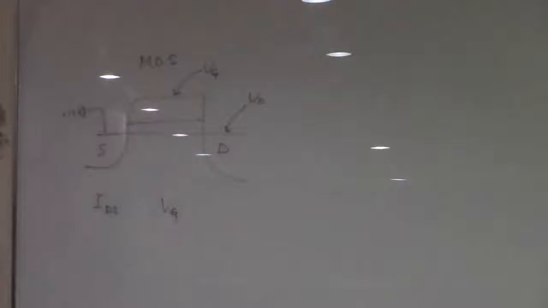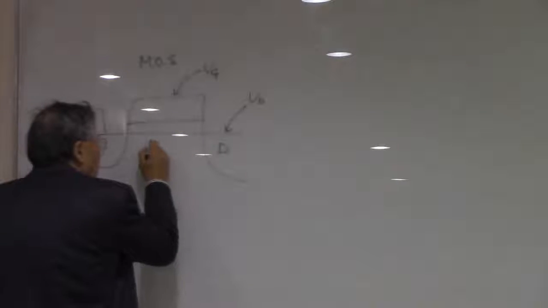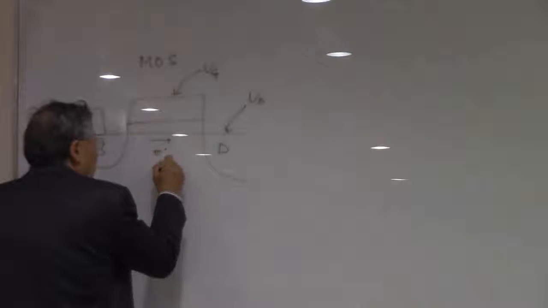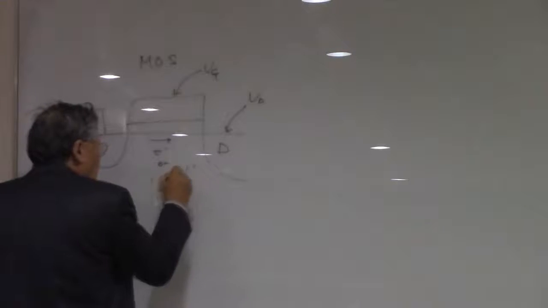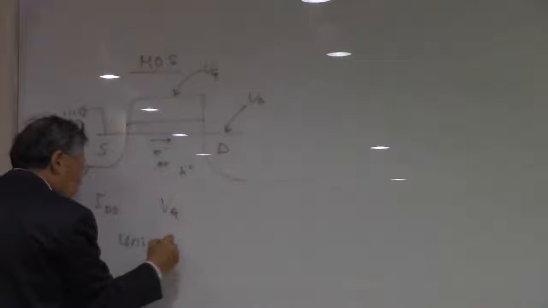That is the MOS transistor. And usually we are going to talk about the electron or hole. So the MOS transistor is actually a unipolar transistor.